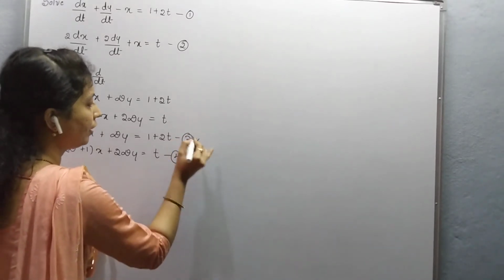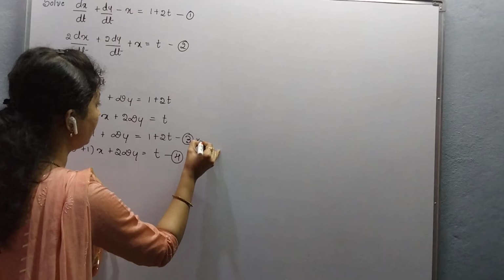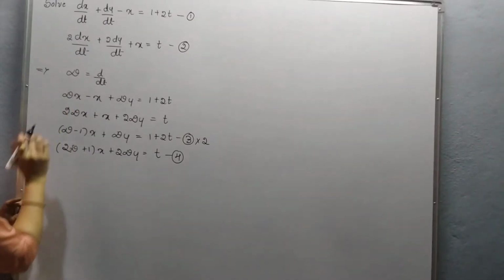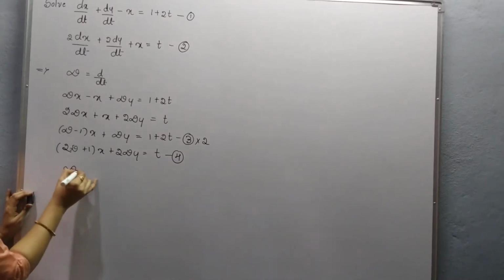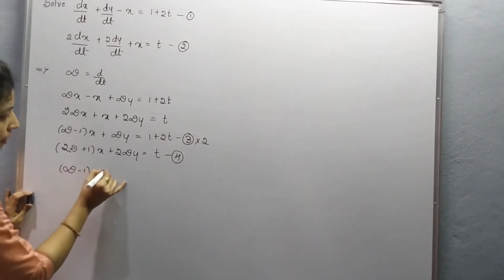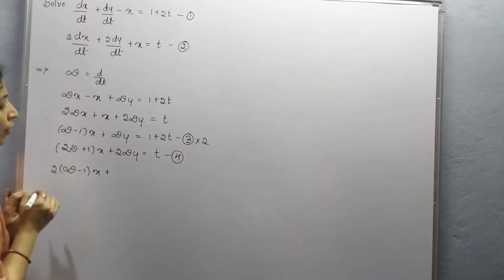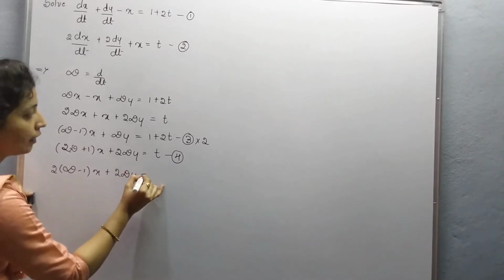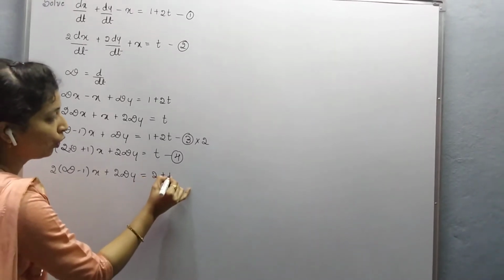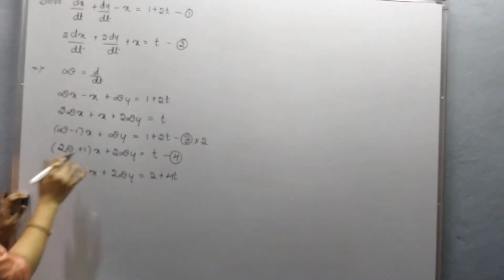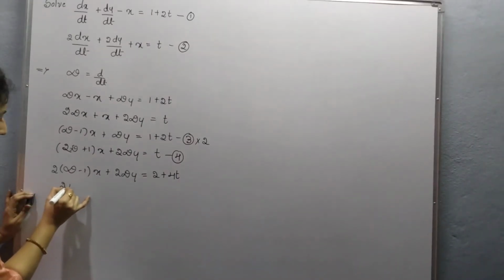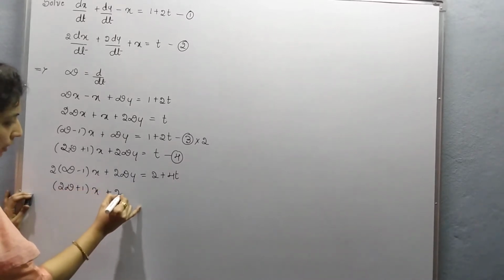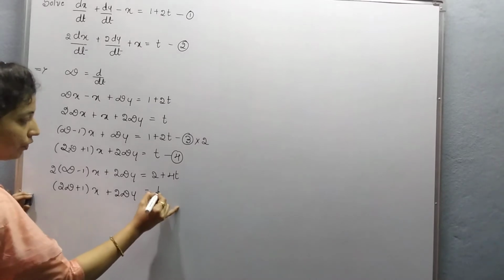To eliminate the y term, we have to multiply equation 3 by 2 and subtract these two equations. By multiplying, it is (2D minus 2) x plus 2 Dy is equal to 2 plus 4t, and equation 4 is as it is, (2D plus 1) into x plus 2 Dy is equal to t.